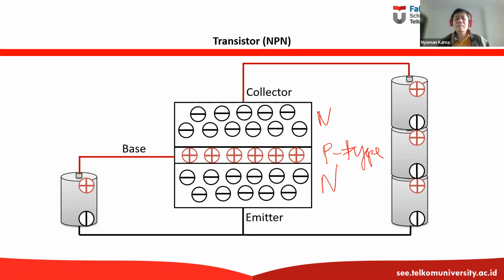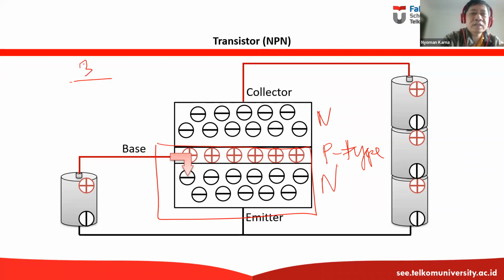Let's for example like this. First, the base will give a positive and the emitter will give a negative. So think about this as a diode. So it's actually something like a diode. Something like this is the base and this is the diode. This is the symbol of a diode. And then this one is also a diode. This is the collector and this is the emitter.